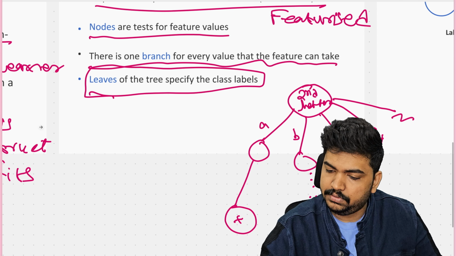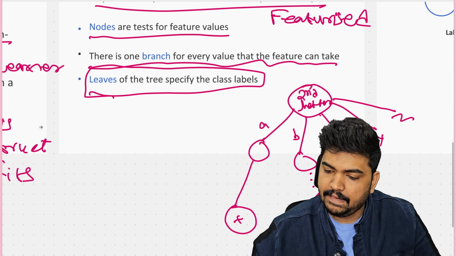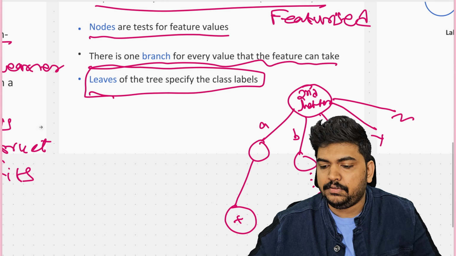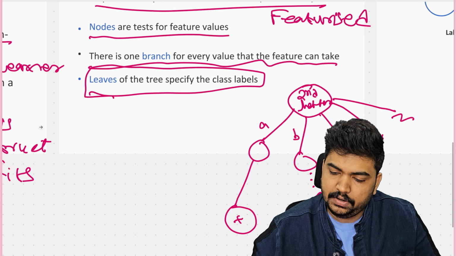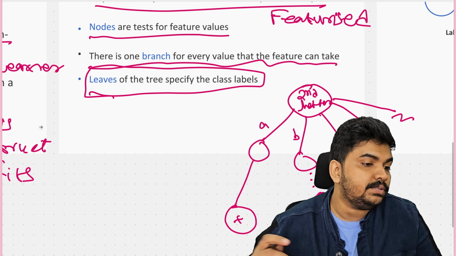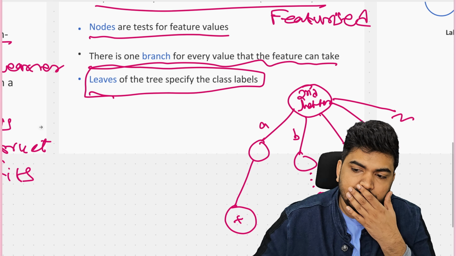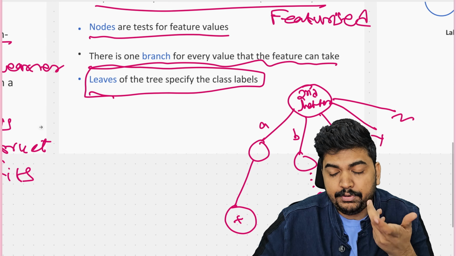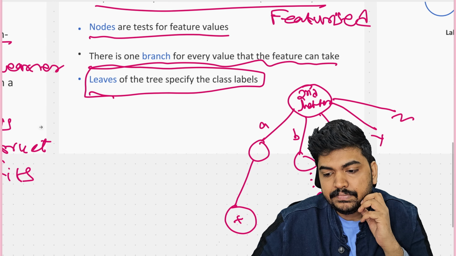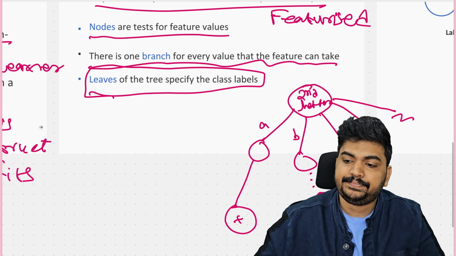Yes, there is a plus, there is a minus, depending on the value. Let's say this is F3 or F2, val1, val2. Depending on the value, there is a decision. So a tree is built. The nodes are the tests for features, unless it's a leaf node. For every value of the feature, there is a branching out, which is an edge. And the terminal nodes are basically the labels.